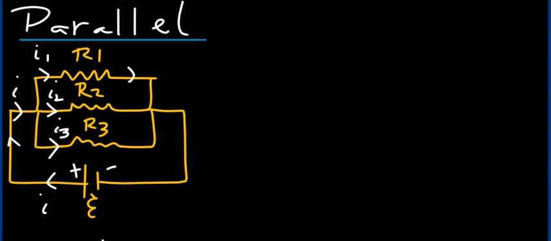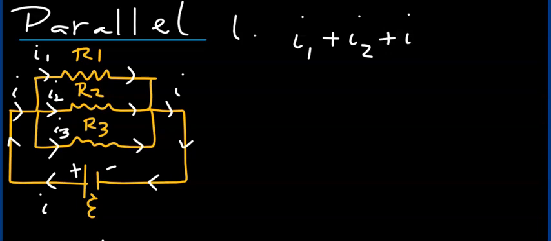And all of these currents will recombine back into I and come back to the negative terminal. So clearly you can see point number 1 about resistors in parallel. The currents in all the resistors in parallel add up to the original current out of the battery. That's point number 1.